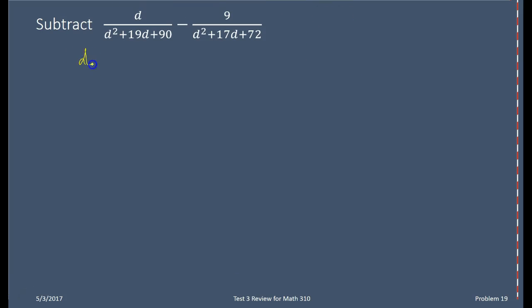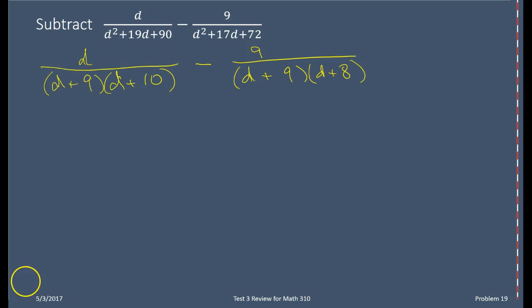Okay, again we're going to factor our trinomials in the denominators. So the first term had d plus 9, d plus 10, and the second one d plus 9, d plus 8. So our least common denominator is going to be d plus 9, d plus 10, and d plus 8.